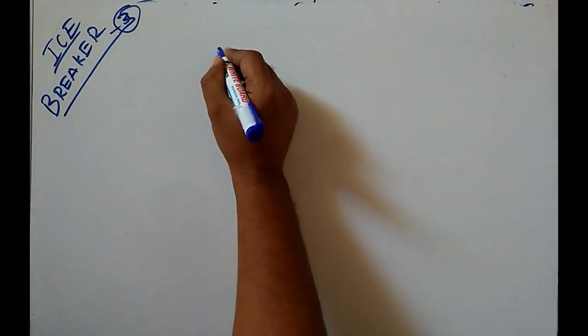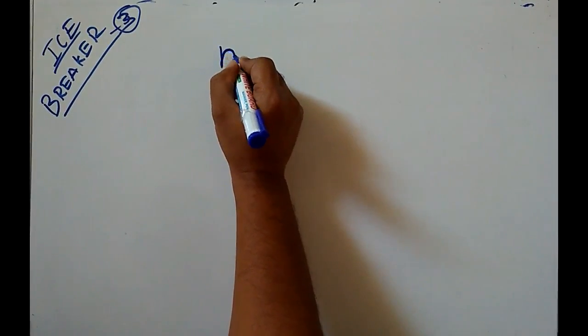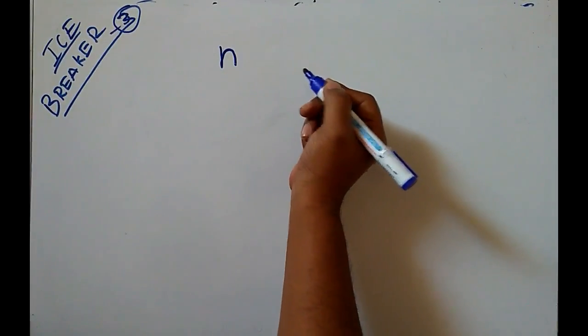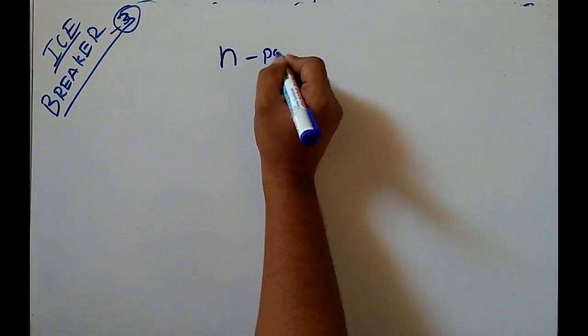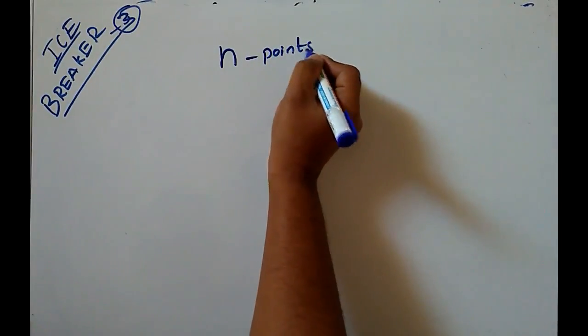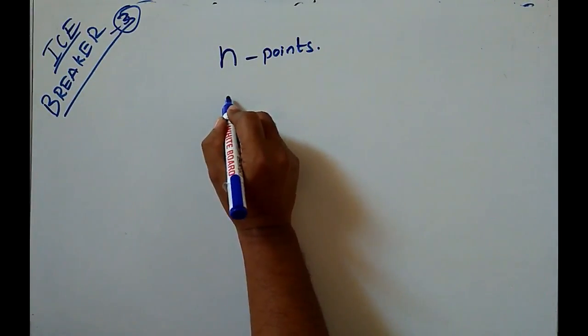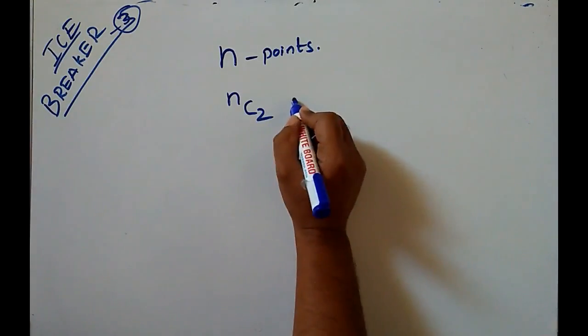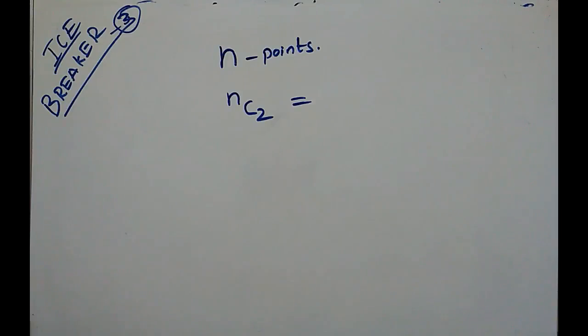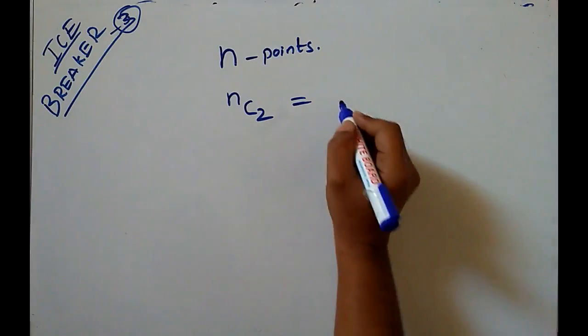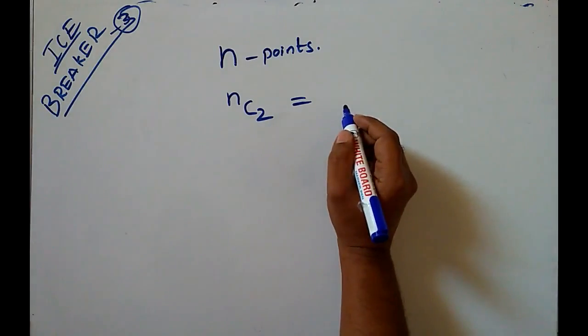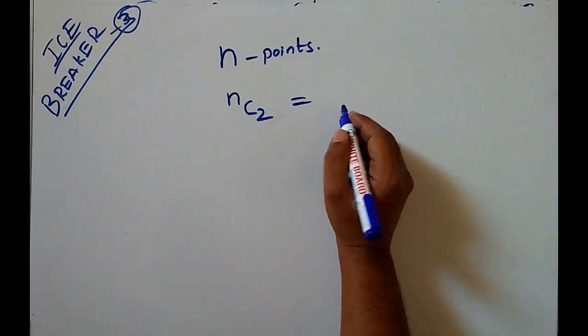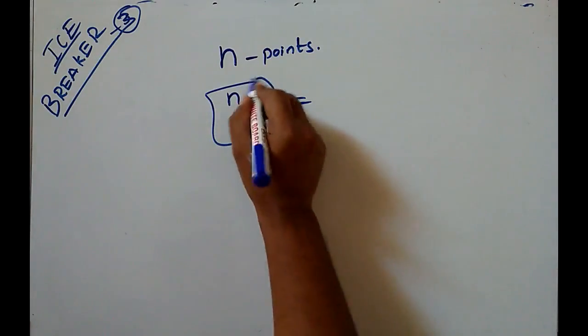How many lines can be formed between n points is given by NC2. Yes friends, we are going into permutations and combinations, and this is the formula for combination.